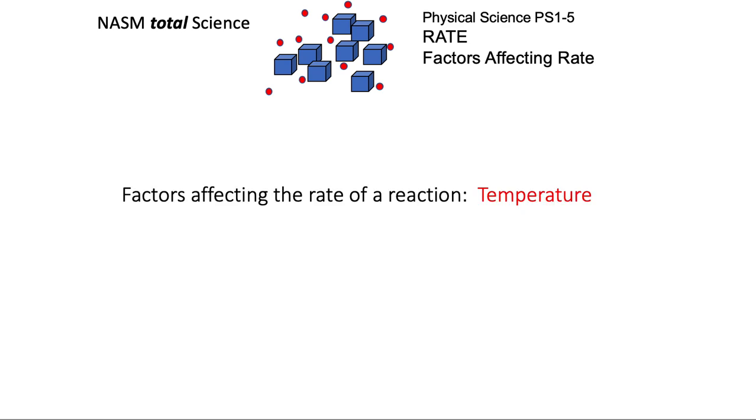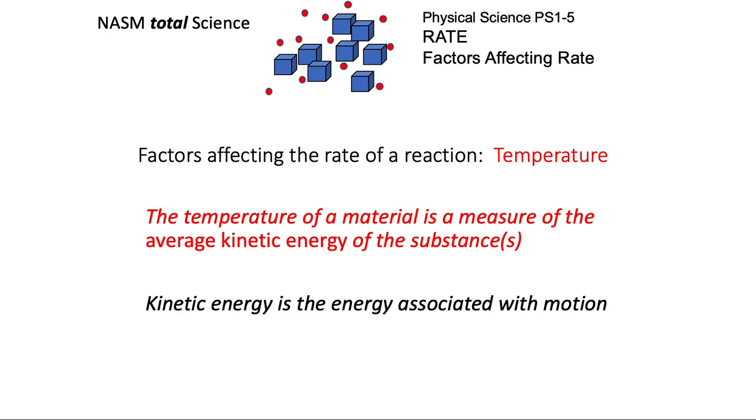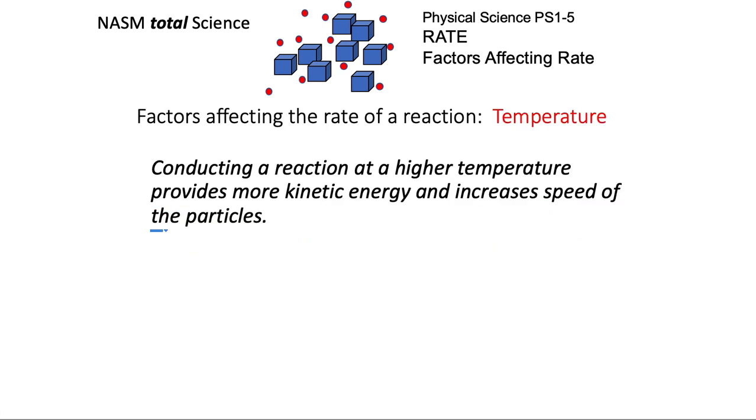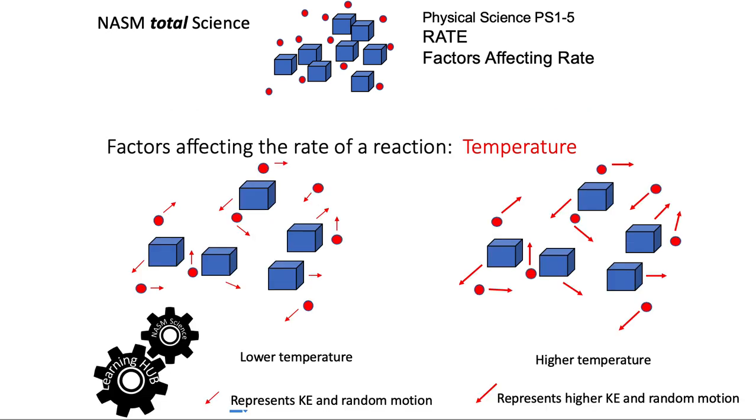And then we're going to go on to look at temperature as a factor affecting the rate of a reaction. And the temperature is a measure of the average kinetic energy of the particles in the substance. So it's associated with movement, which is going to lead towards collisions. And at higher temperature, more kinetic energy, greater speed in the particles, and so a greater likelihood of successful collisions.